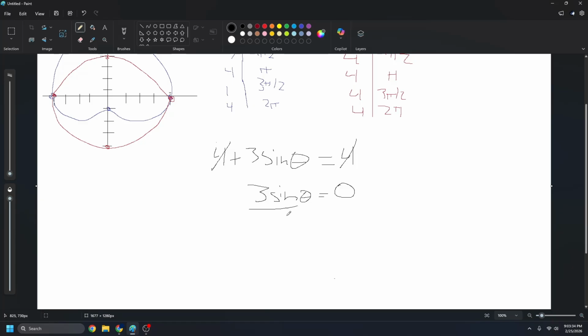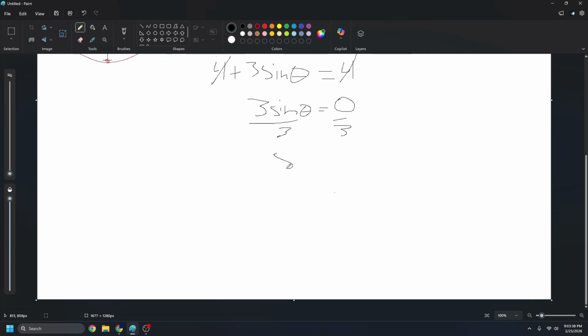We then divide by 3 on both sides, which gets us sine theta equals 0. Now all we have to do is figure out what theta value makes sine equal 0. That would simply be theta equals 0, pi, 2 pi, and so on and so forth. However, I'm just going to be sticking with these 3 values because these are the ones I will be using later on.